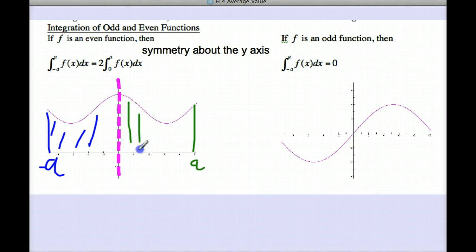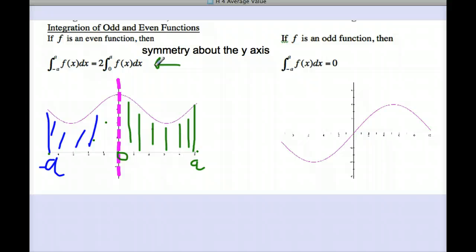If I shade in this side right here, if someone were to give me the area from negative a to 0, wouldn't that mean I also have the area for this side? And if I wanted the total area from negative a to positive a, I can just double what was given to me on this blue side. So this property up here tells us if I'm given half of the area, I can just double it to get the other half on the other side.